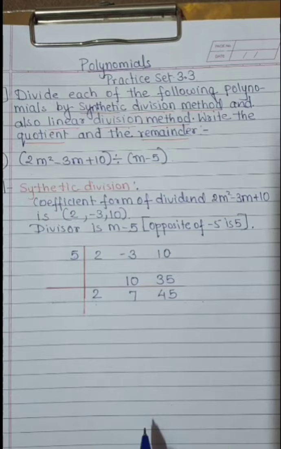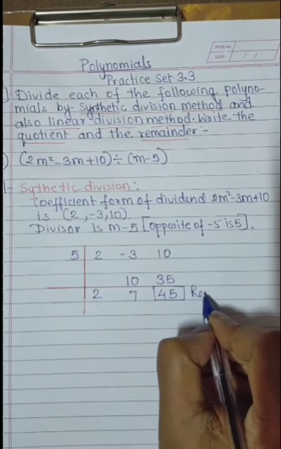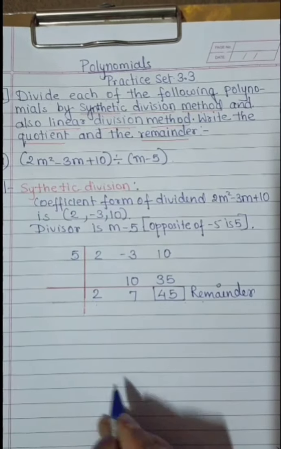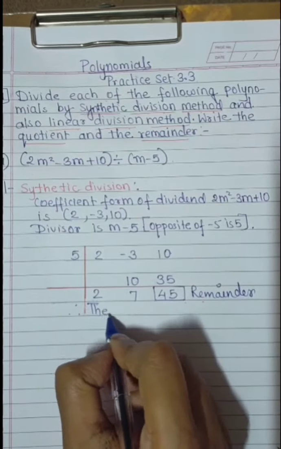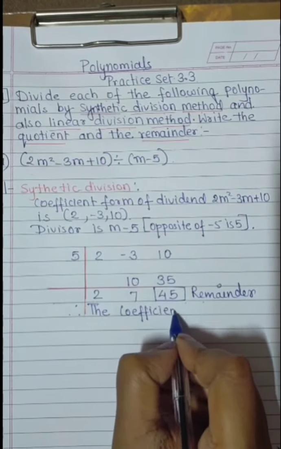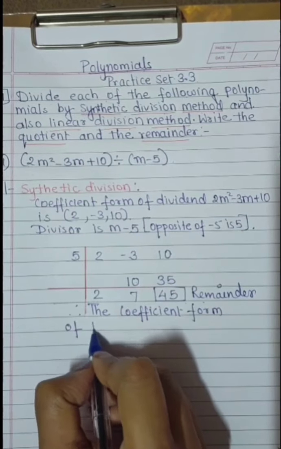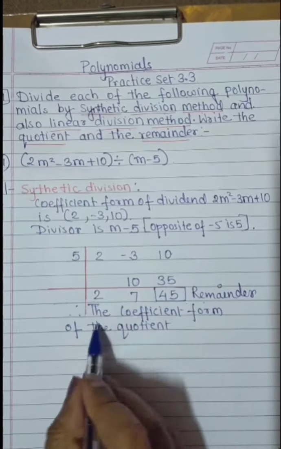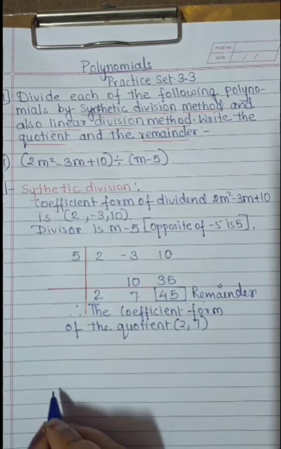I hope you understood. And this 45 is our remainder. I hope you are getting what I am doing. Now therefore the coefficient form of the quotient is 2 and 7.